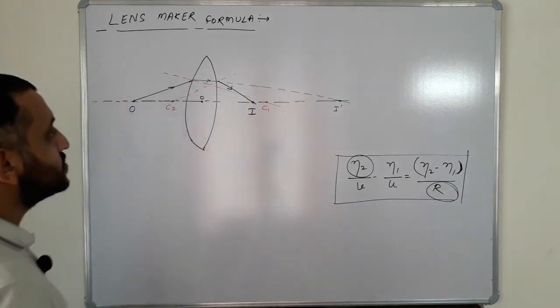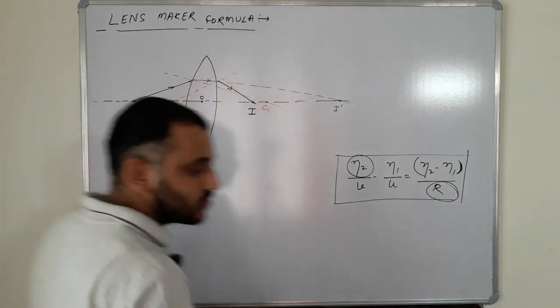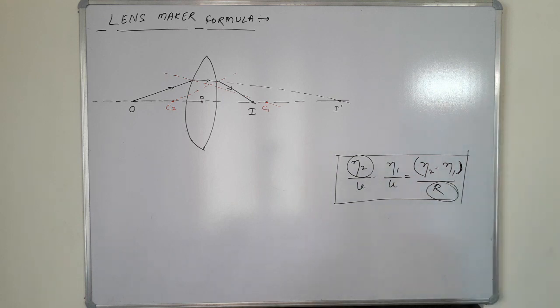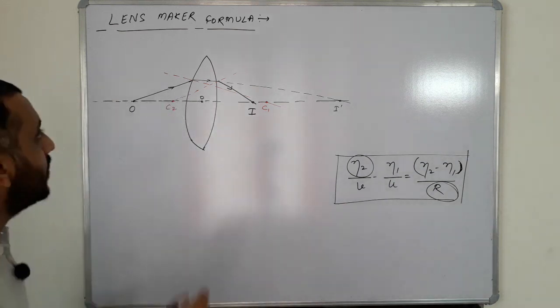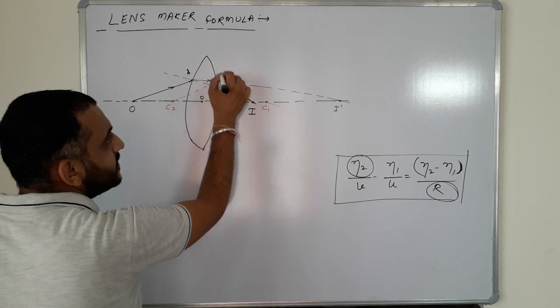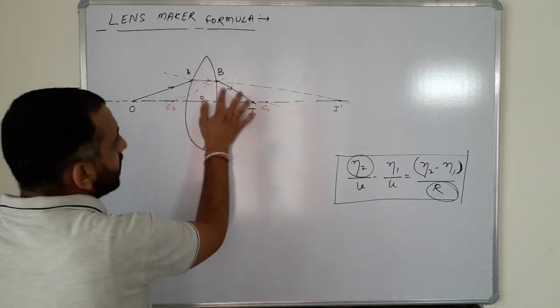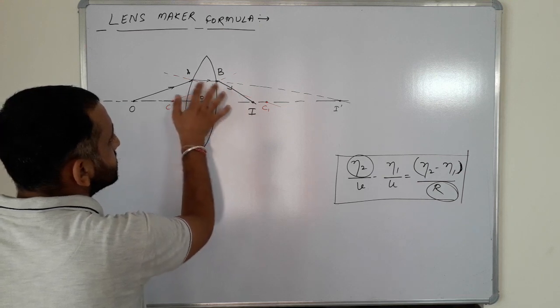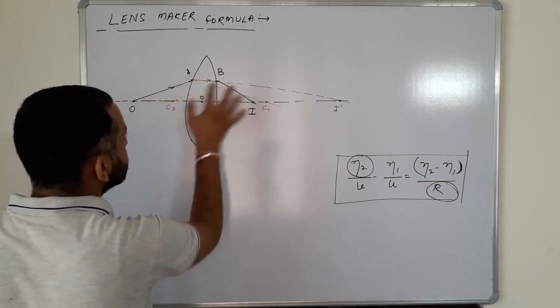So don't get confused between the centers of curvature. What we have done is just draw a normal at two particular points, at point A and at point B. Suppose this point is point A and this point is point B. Now I just erase this one so that you don't get confused.